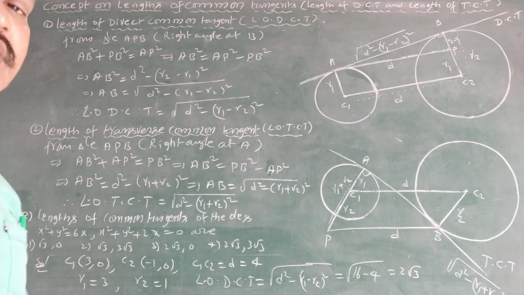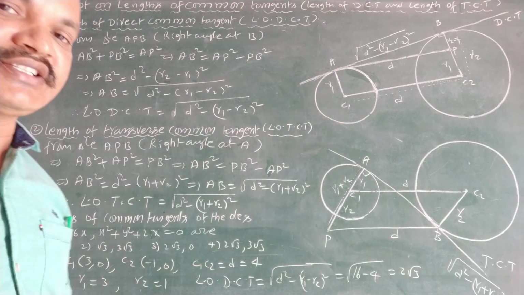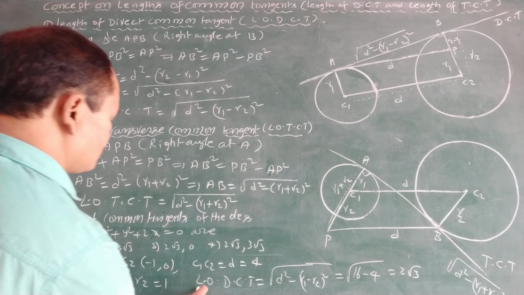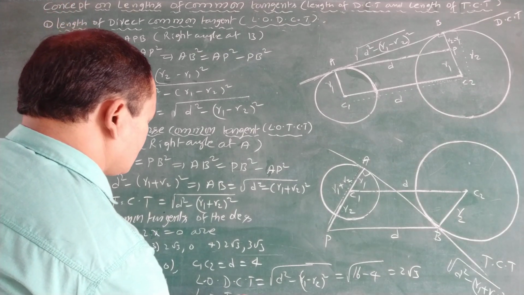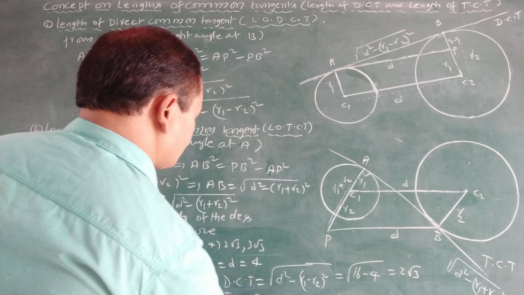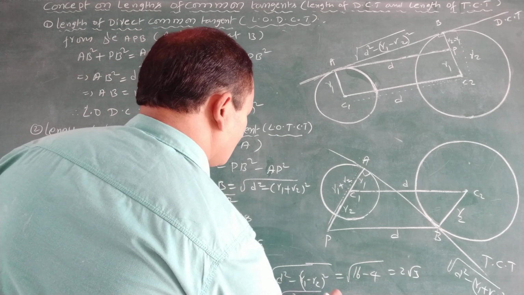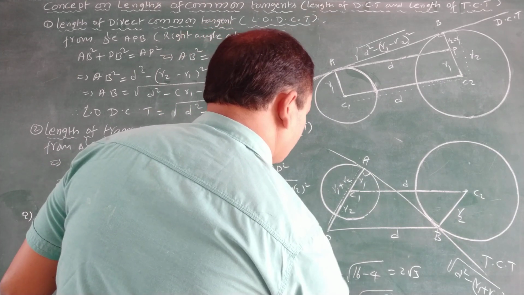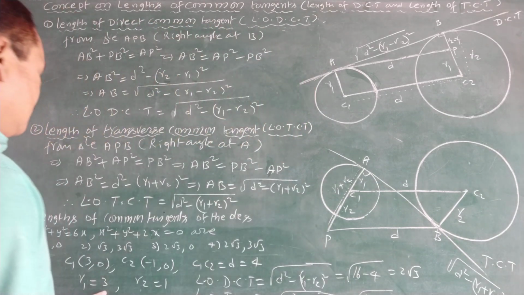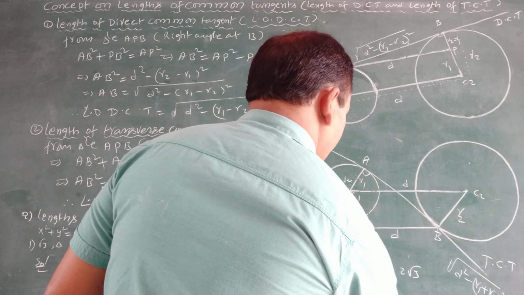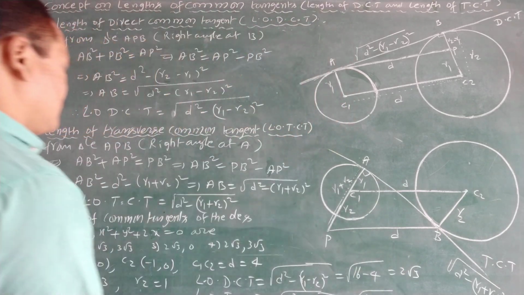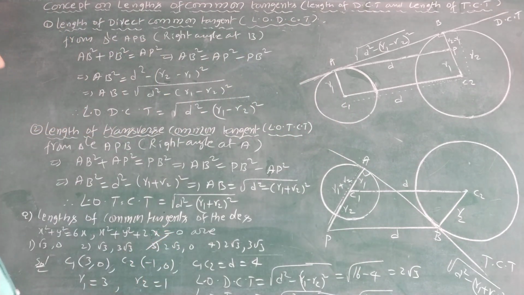That's why the length of direct common tangent is 2 root 3. Now the length of transverse common tangent: root of D square minus (R1 plus R2) whole square, that is square root of 16 minus (3 plus 1 is 4) 16, so 16 minus 16 is 0. That's why 2 root 3 comma 0, that is the third option.